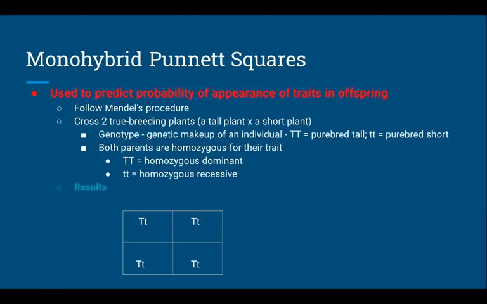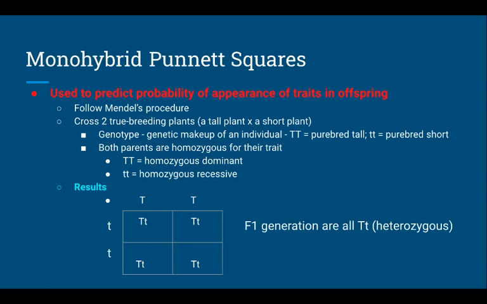So you put the alleles for one parent across the top. Now that big T individual is only giving one T to its offspring. So it could either give the left big T or it could give the right big T. Same thing for the short parent. They're going to pass on either the first t or the second one.